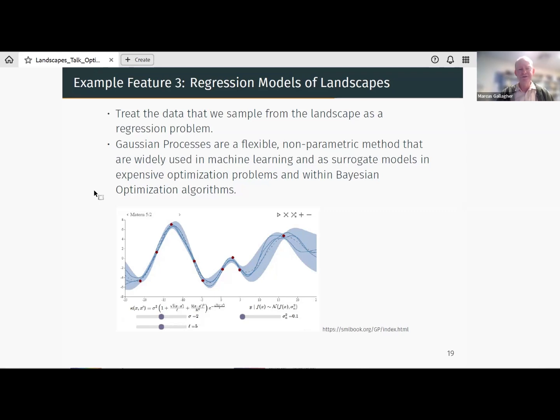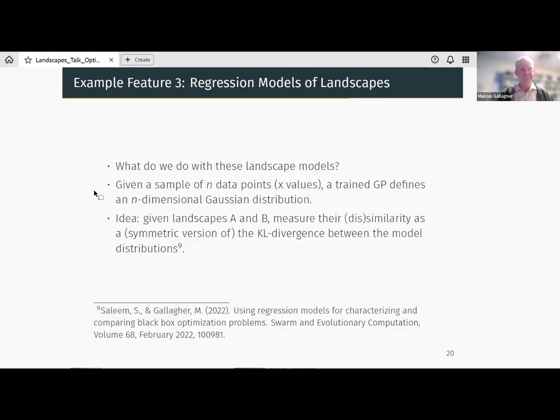They're also used in Bayesian optimization as the driving surrogate model, which you then use to actually drive the search process inside Bayesian optimization. But we're not trying to optimize here, we're just using this as a surrogate model of the landscape and then trying to say something about the landscape via the properties of the surrogate model.